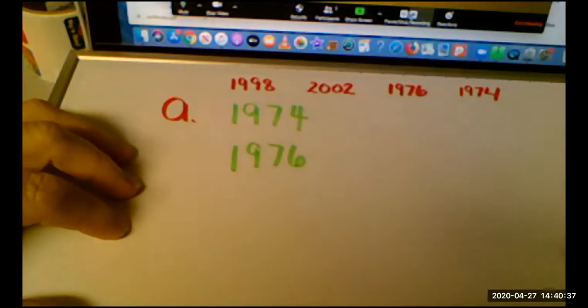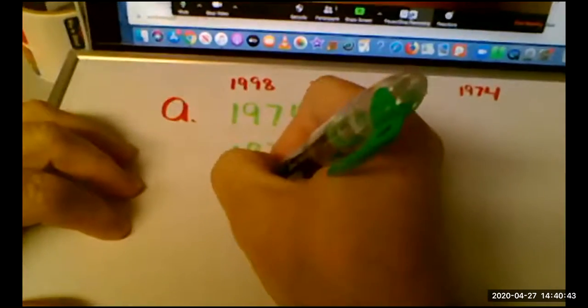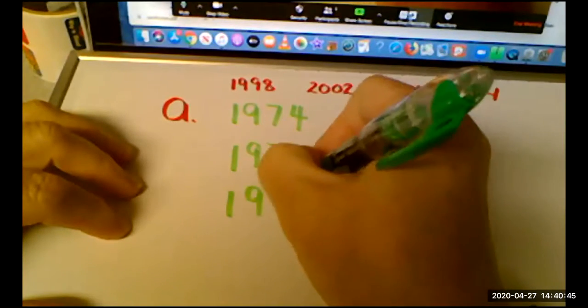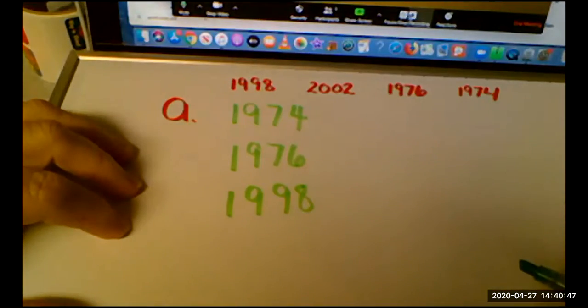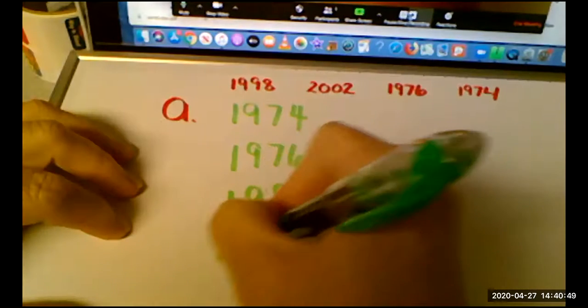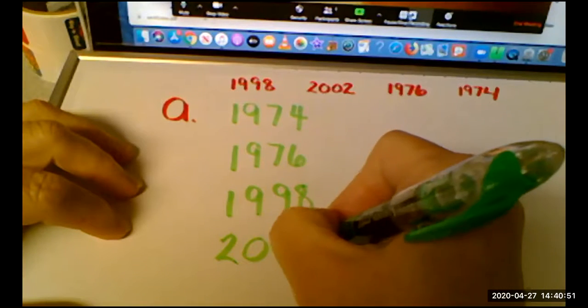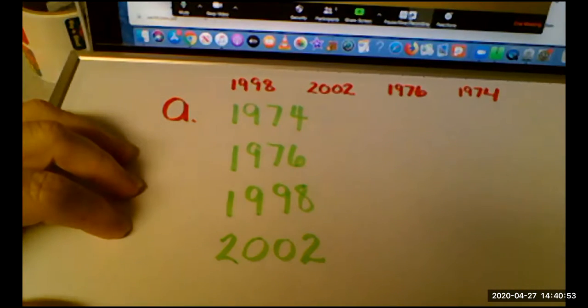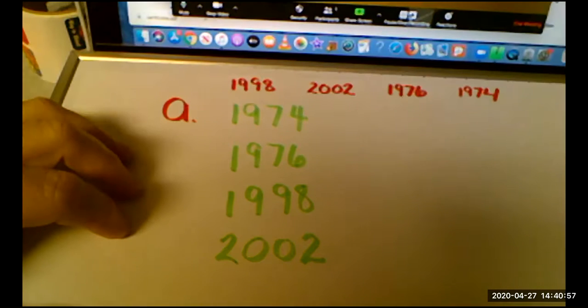I hope you're with me. The next one would be 1998. And the largest of these numbers is 2002. That's how we would put these numbers in order from the earliest to the latest.